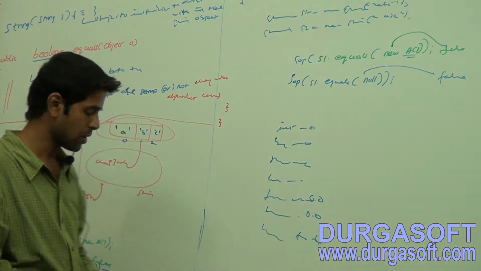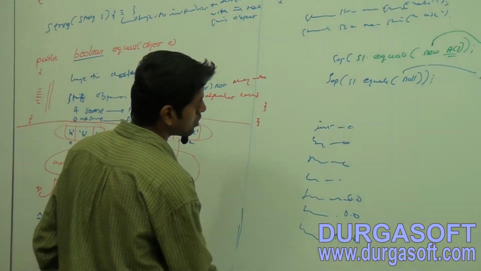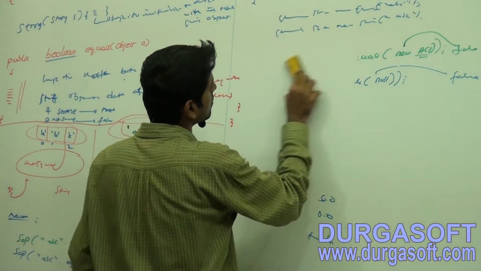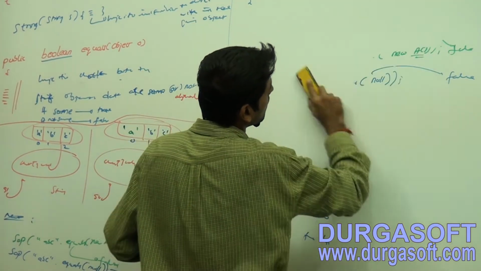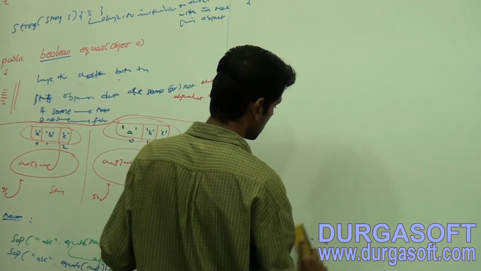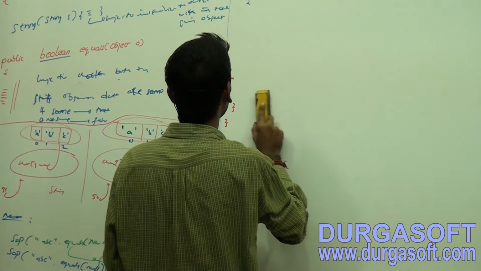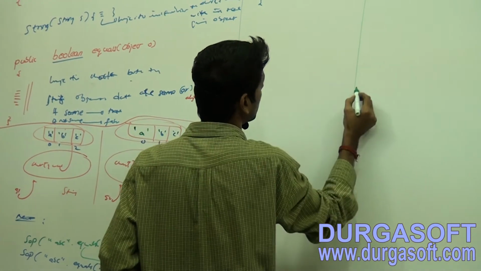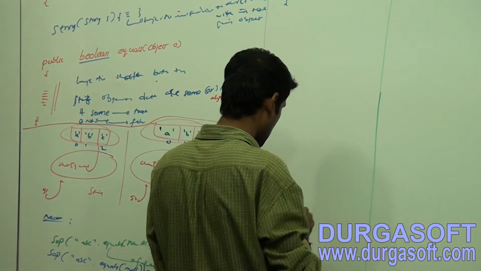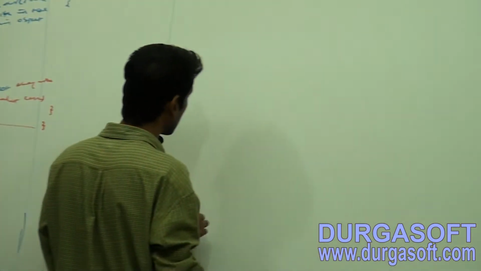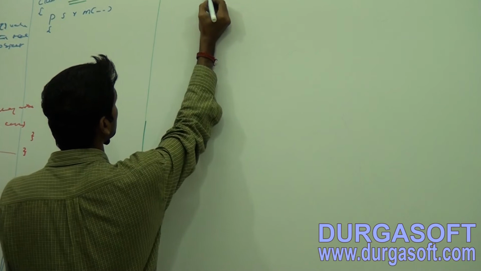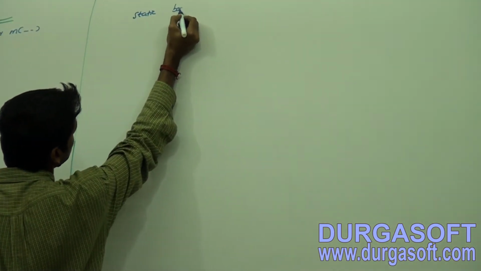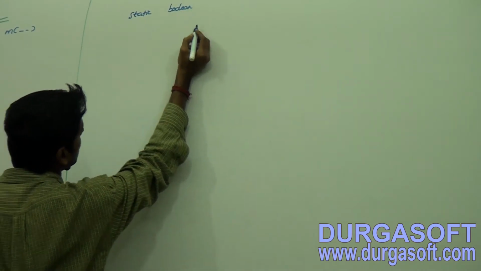Now observe, it is returning false to us, that I have written over here. Now let me take a method as static, with return type boolean.